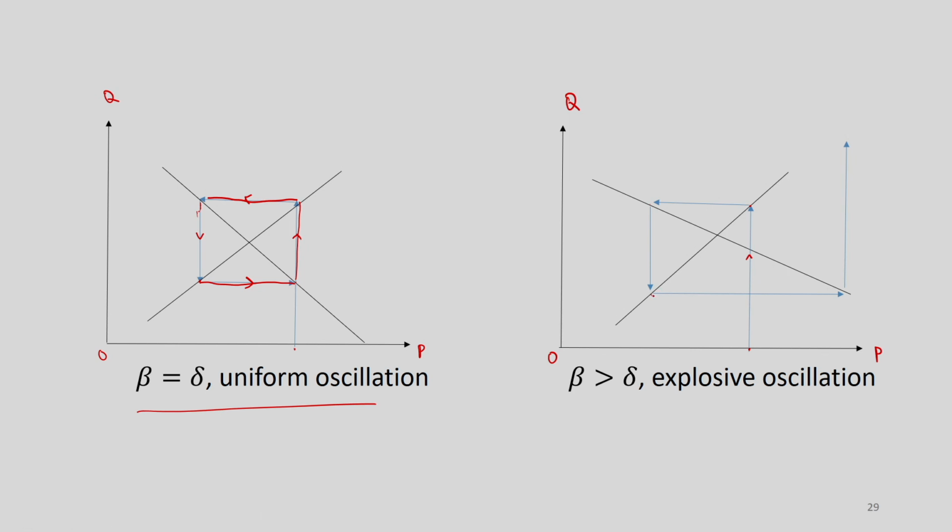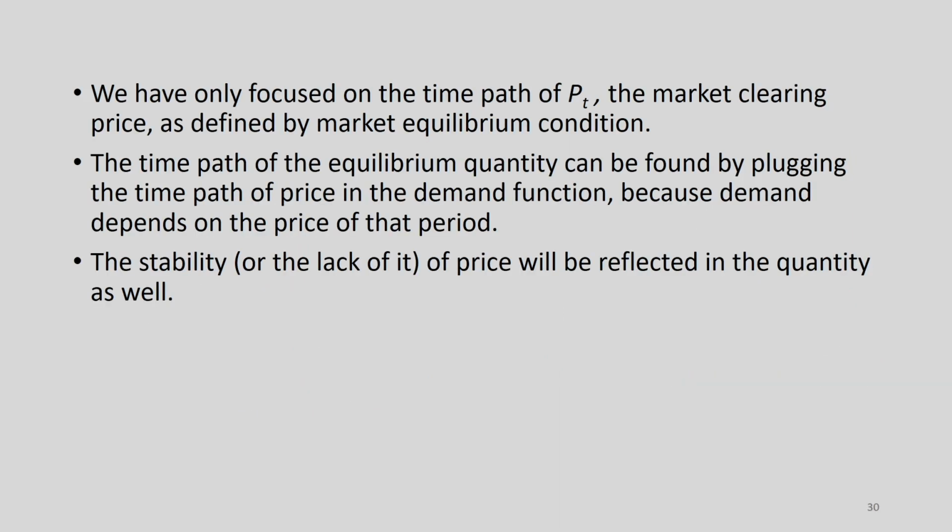This is the quantity, then this is the price in the period after that, and you can see the price will go on fluctuating, but it is getting farther and farther away from the intertemporal equilibrium. Okay, this was the case of explosive oscillation.